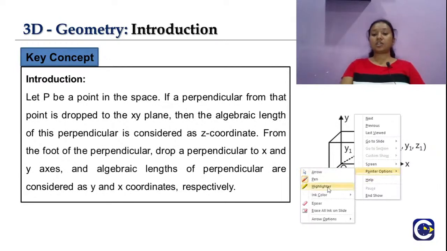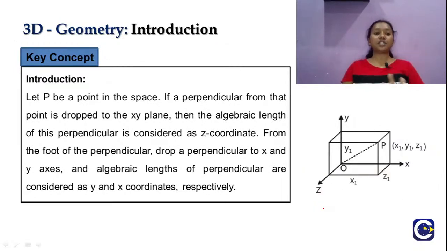The most important difference between 2D and 3D is the new z-axis, and the coordinate related to it is the z coordinate. Similarly, from the foot of the perpendicular, drop perpendiculars to the x and y axes, and their algebraic lengths are considered the y and x coordinates respectively. Again, this will be the x and this will be the y.